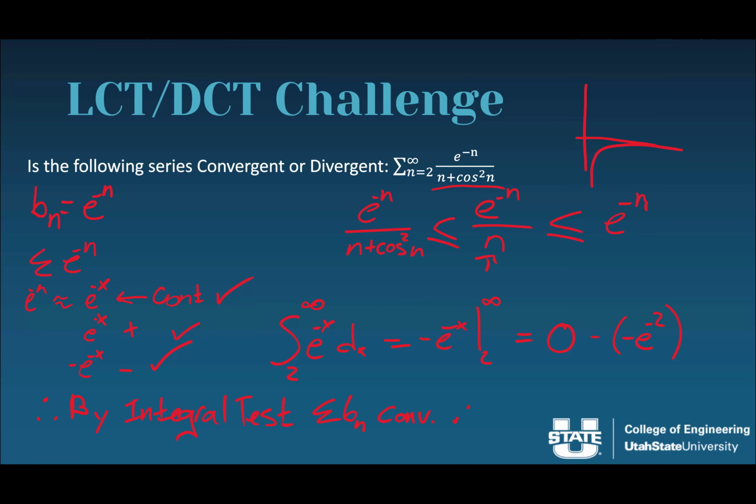And then, because I've already proved that b sub n is greater than a sub n, that means that my sum of a sub n also converges. Did that all make sense? Yes. Okay. So this is a tricky example where you go through 3 or 4 things, but did all those steps make sense? Cool. Awesome.